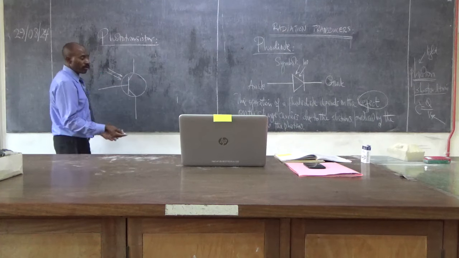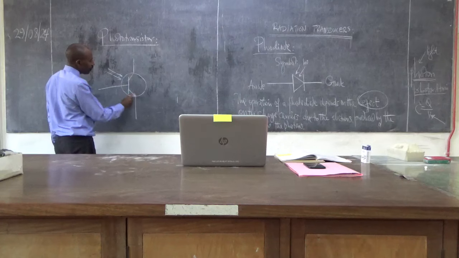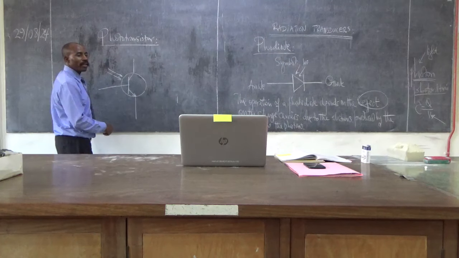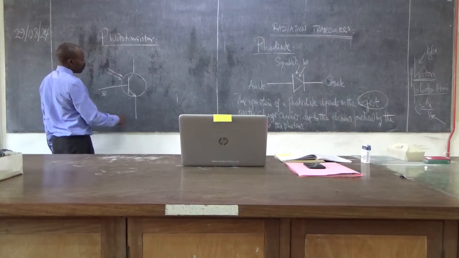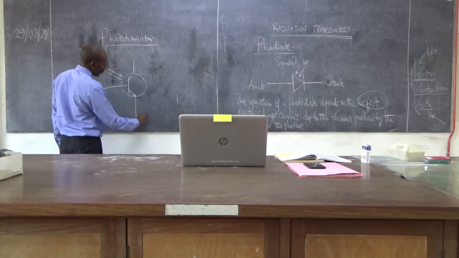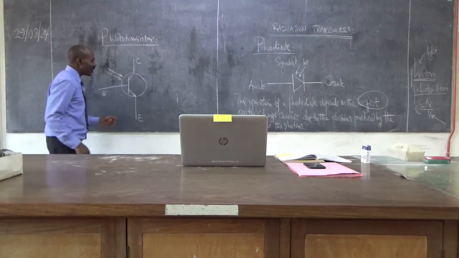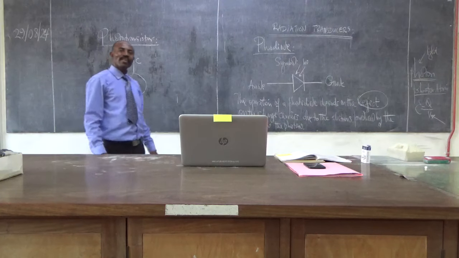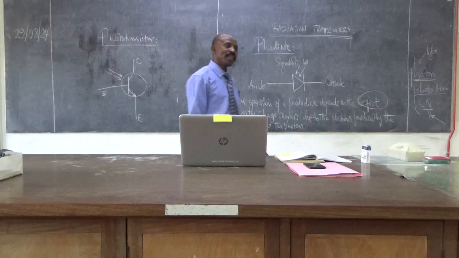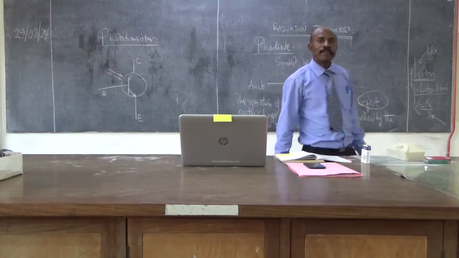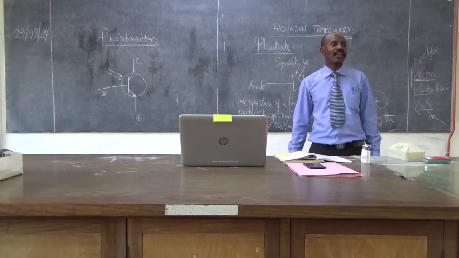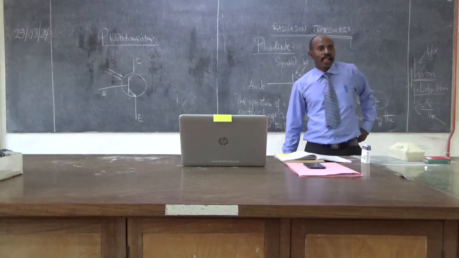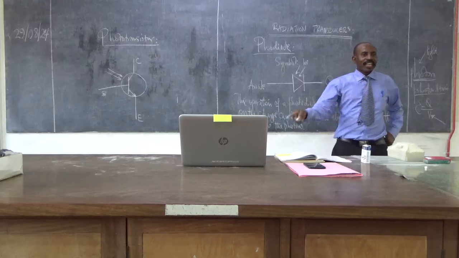So is this a PNP or NPN? NPN. You have a base, an emitter, and a collector. Depending on this arrow, it is NPN. Where does the current flow from and to? From positive to negative. So it is NPN.